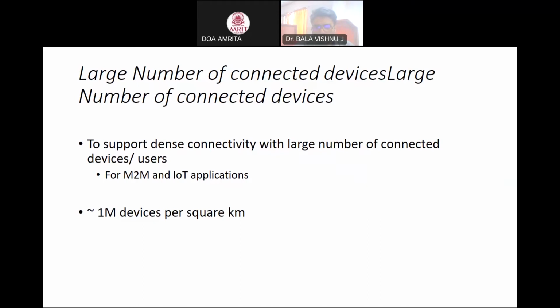We need 200 kilohertz of bandwidth, so that we can accommodate only 125 users per cell. Whereas what we expect in 5G is to increase the number of devices to over 1 million devices per square kilometer.